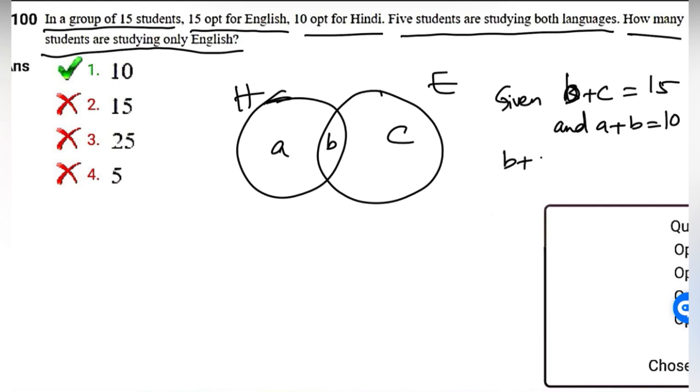B plus C is equal to 15 means C is equal to 15 minus 5, because given B is equal to 5, which implies C is equal to 10. So how many students are studying only English? It means 10 students are studying only English.